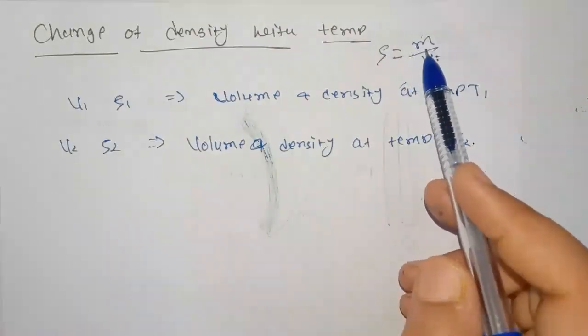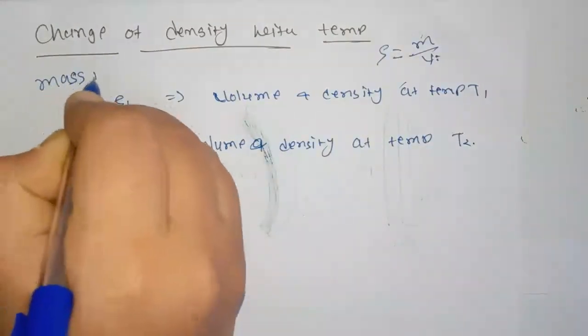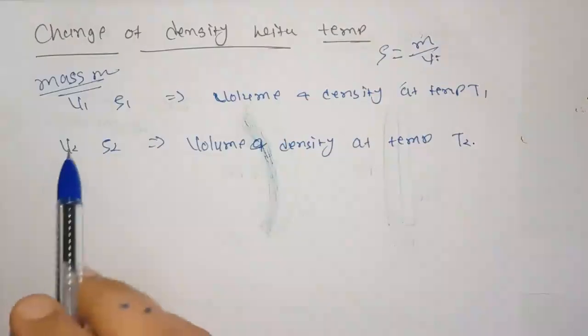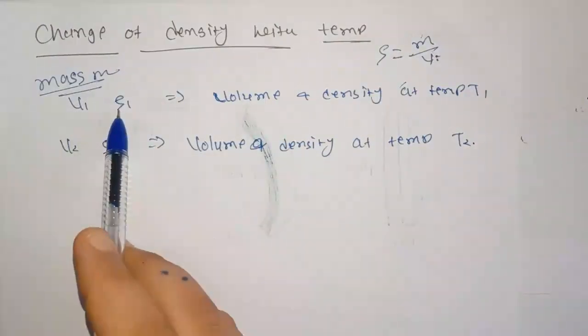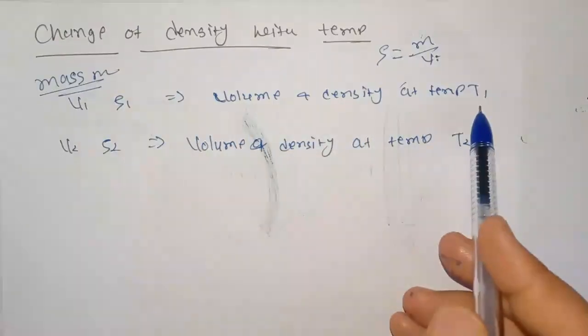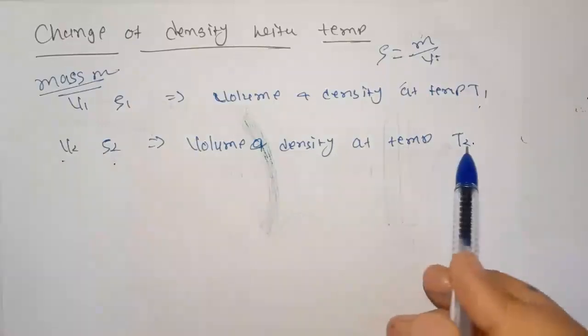Consider a solid body of mass m which has volume V1 and density ρ1 at temperature T1, and it has volume V2 and density ρ2 at temperature T2.